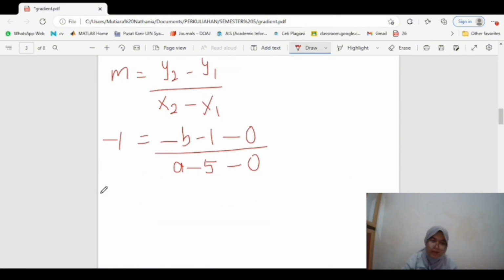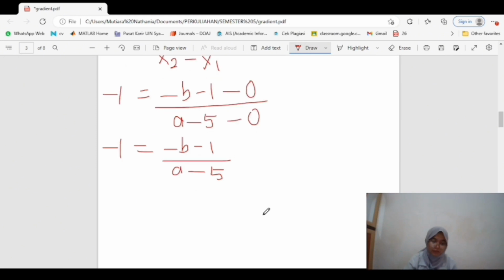Negative 1 equals negative b minus 1 minus 0, which becomes negative b minus 1, divided by a minus 5. Negative 1 is the same as negative 1 divided by 1, so we cross multiply: negative 1 times (a minus 5) equals 1 times (negative b minus 1).